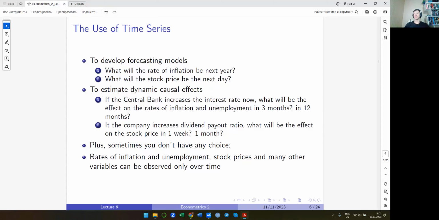You need to make forecasts: what will happen if we increase our prices, or if we do some marketing campaign, whatever. So you don't have any choice. You have to work with time series. Time series are around us.